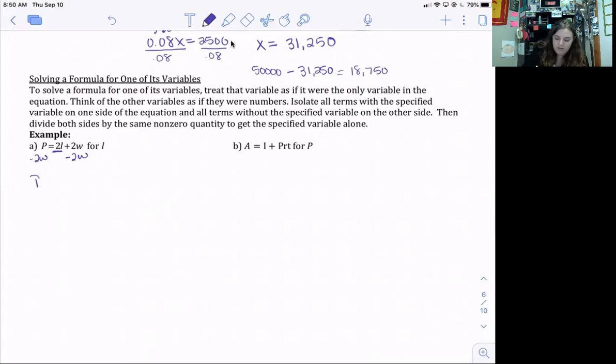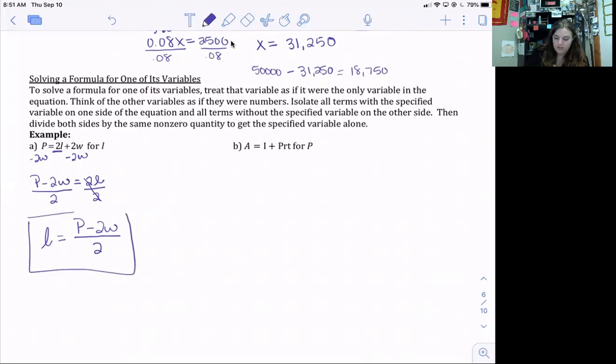So we have P minus 2W, we can't combine those because they're different variables, equals 2L. And then to get L by itself, since these are being multiplied, the opposite would be division. So we're going to divide both of these by 2. So now we're left with length equals P minus 2W, all divided by 2. And that's your answer.